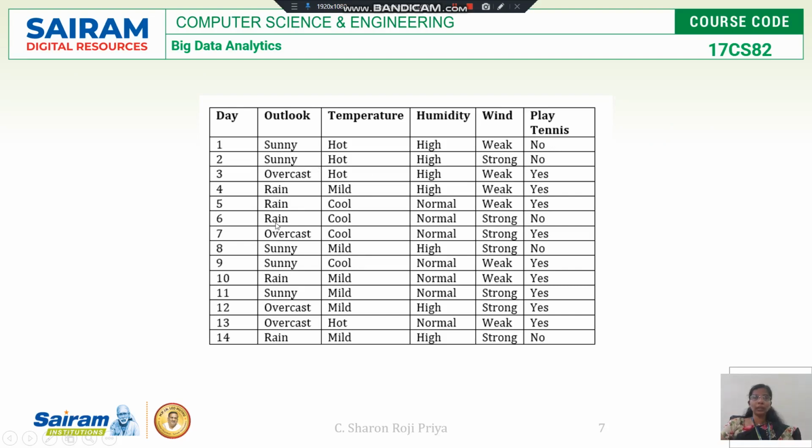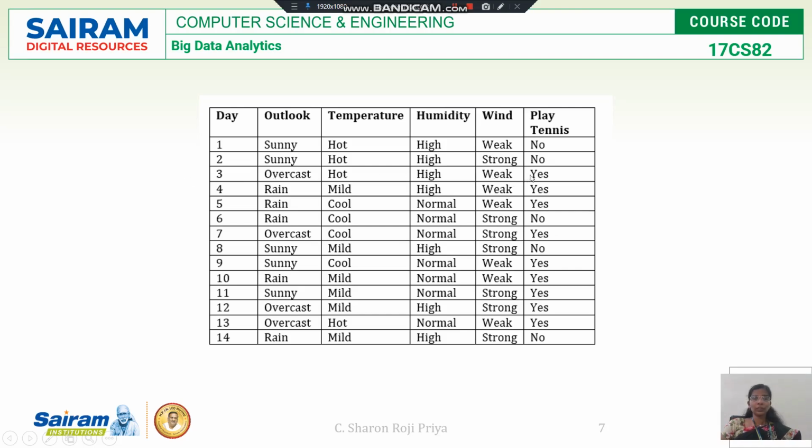Second also negative. And third it is negative. Fourth it is positive. And fifth also positive. So few instances are negative, few instances are positive. So I cannot decide anything for this sunny at this stage. I cannot define the class label for sunny at this stage because few instances are positive and few instances are negative.